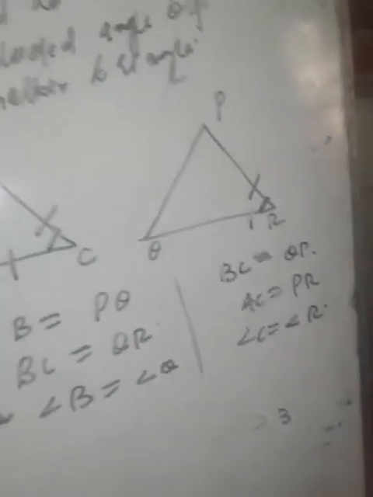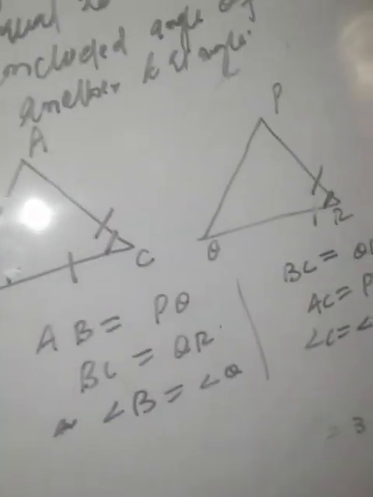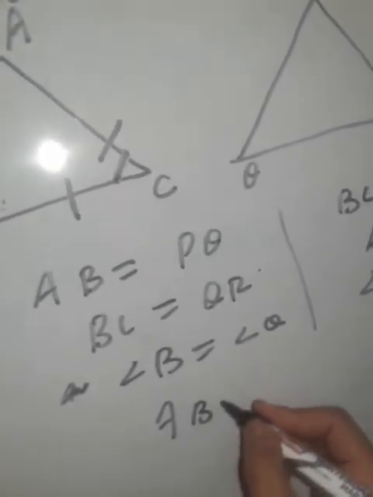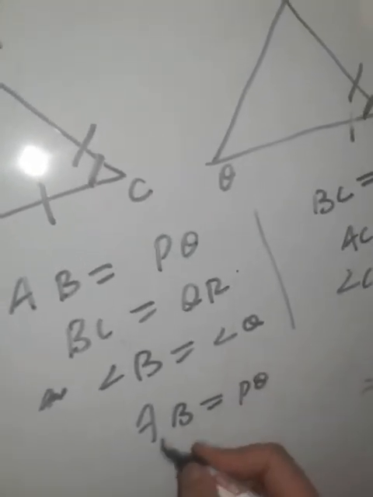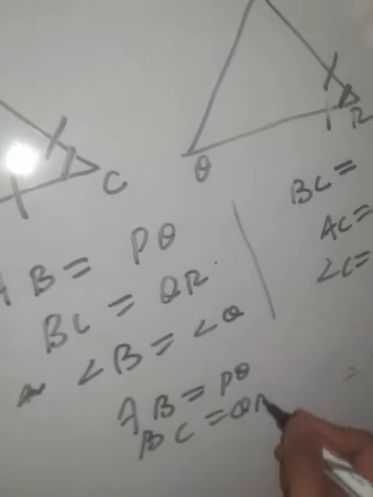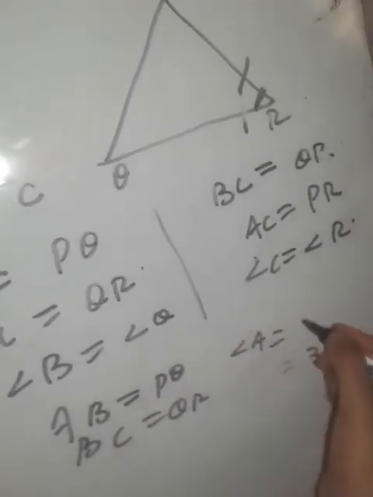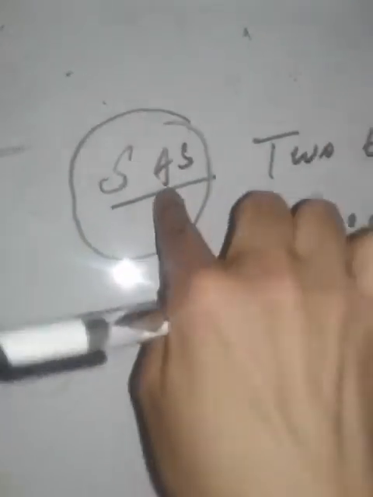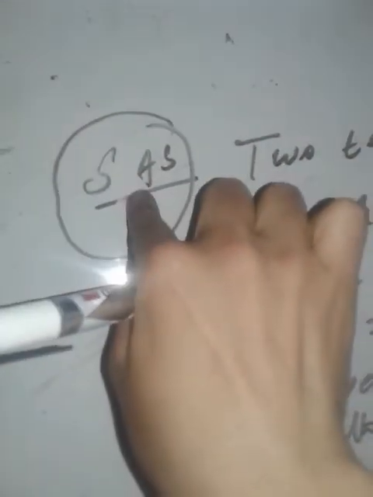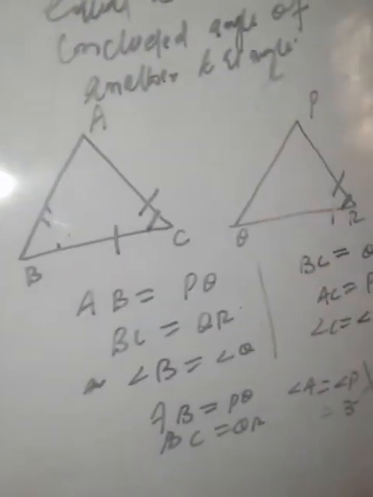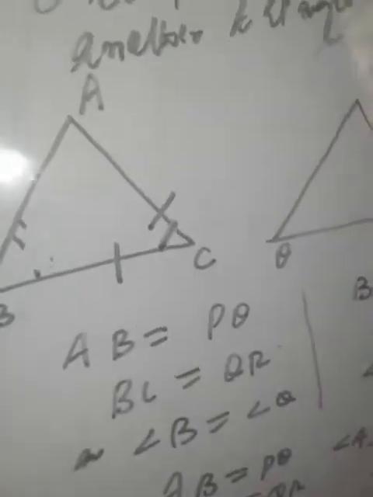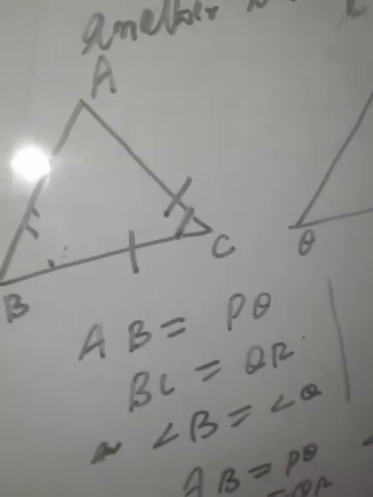You cannot choose any angle randomly. For example, if you write AB equals PQ and BC equals QR, and then write angle A equals angle P, this is wrong. This is not the concept. The angle must be between the two sides, and then we can say that two triangles are congruent.